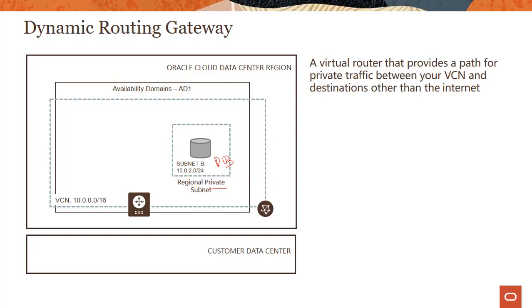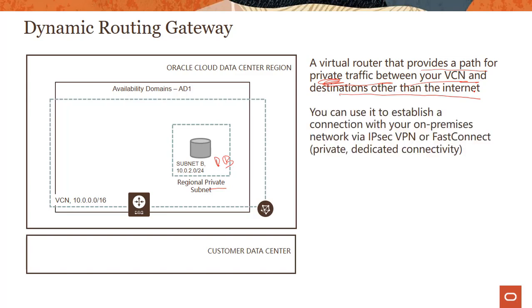For those use cases, we have again a managed service called the dynamic routing gateway. It's a virtual router that provides a path for private traffic between the VCN and destinations other than the internet. So you're not using an internet gateway or NAT gateway, or for that matter a service gateway going to a public OCI service, but you are going to your on-prem environments.